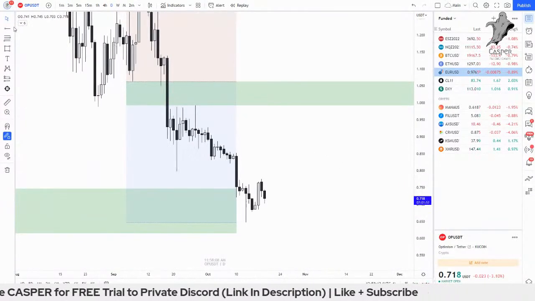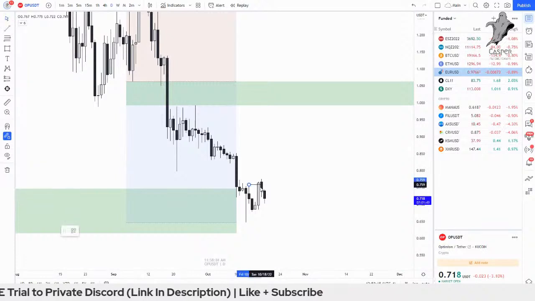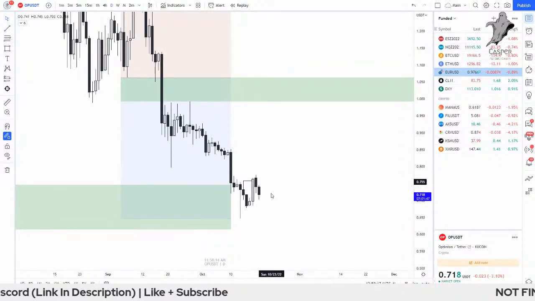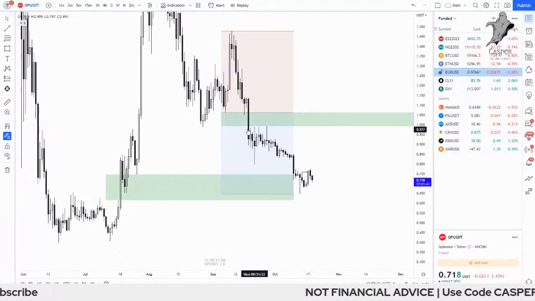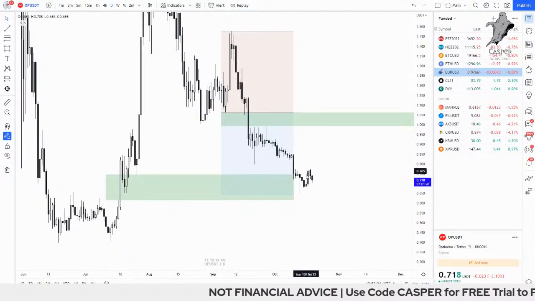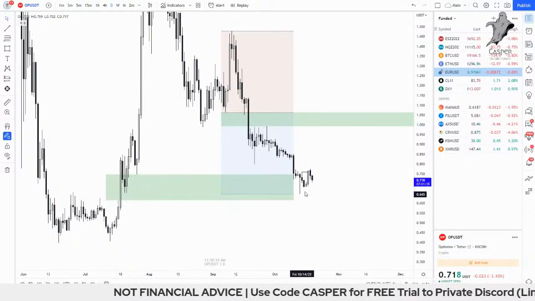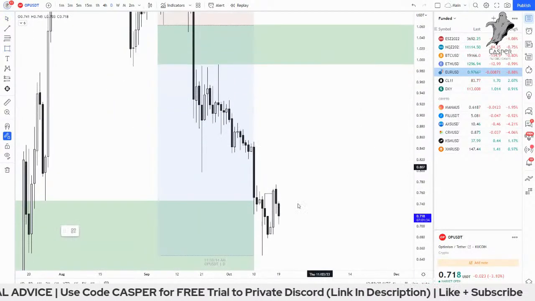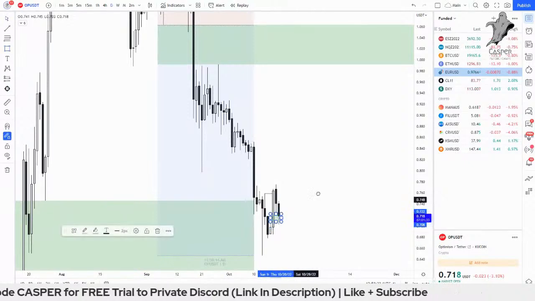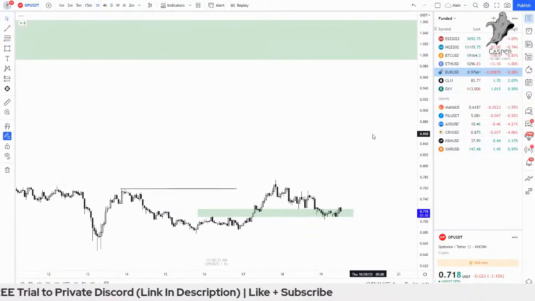Okay, this daily, this is one of those where it's not that clear, but this could be a shift. Could be wanting to come up here and take all those highs. So you look at that and okay, time took the lows, big candle, leaving a fair value gap. So now we can come to the 1 hour here.